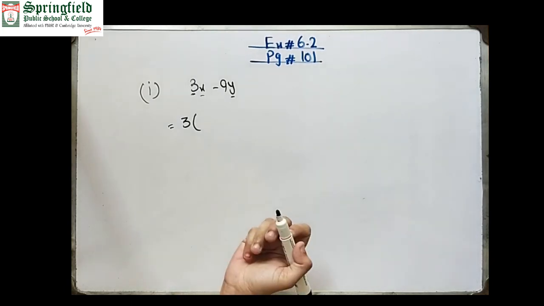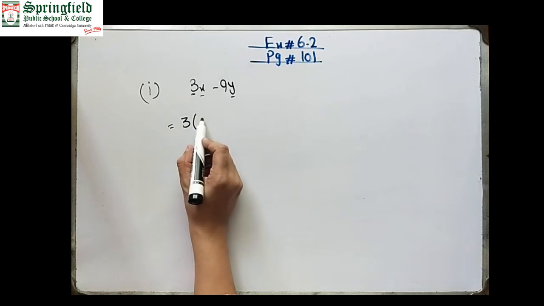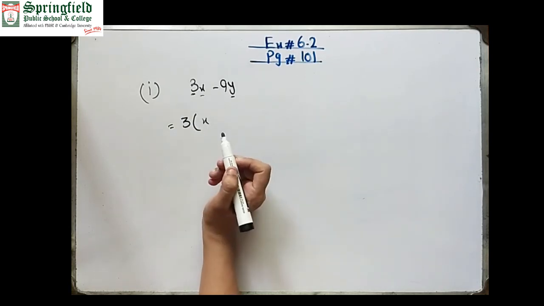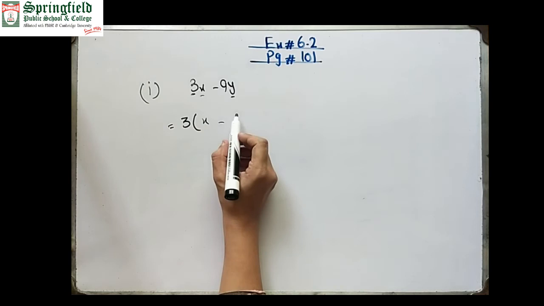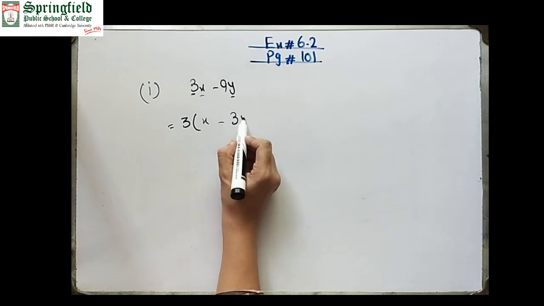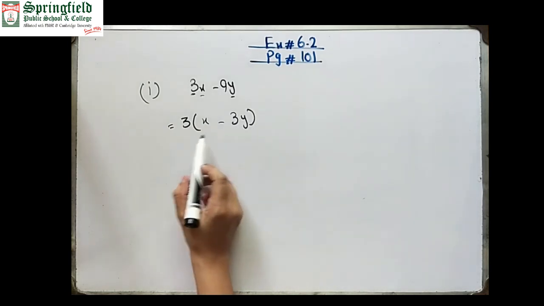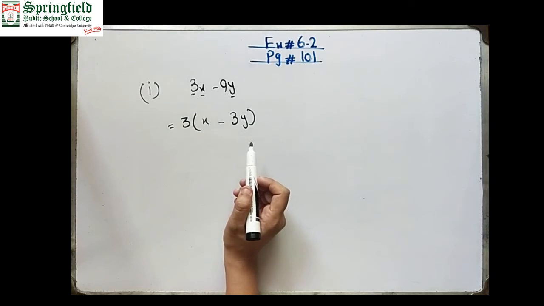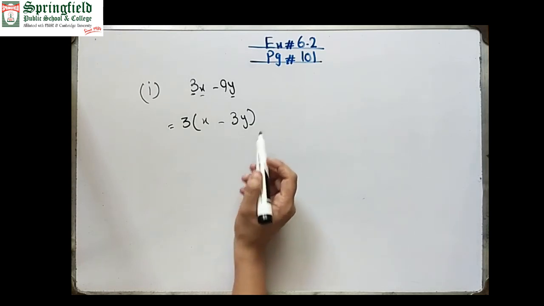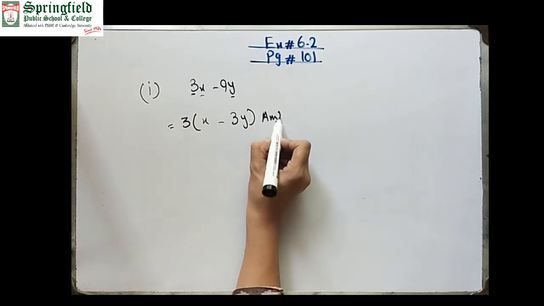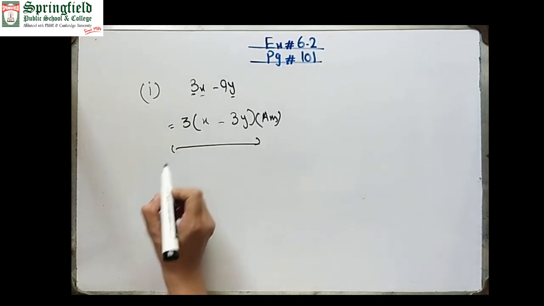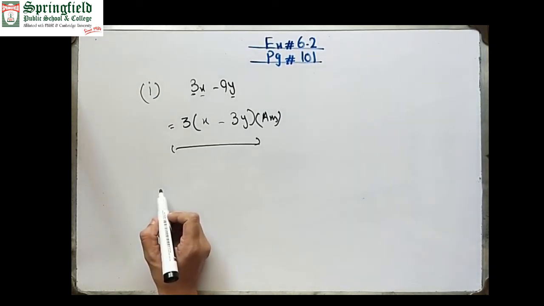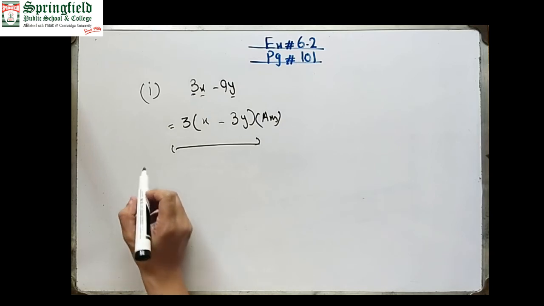When 3 is common, just x will be left inside the bracket, minus 3 3s are 9, y. Now no further variables or constants can be taken common, so this is your final answer. Understood beta?